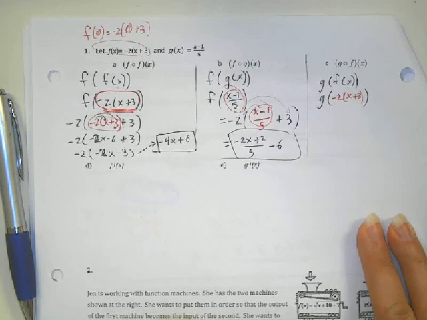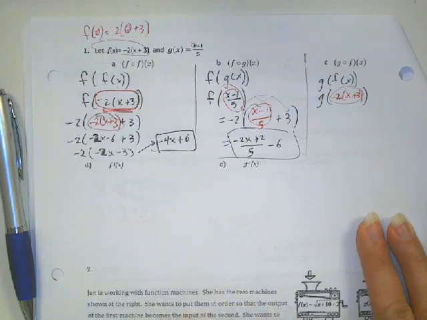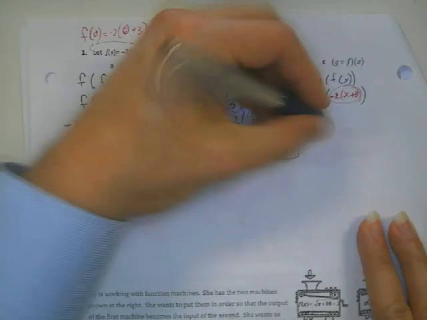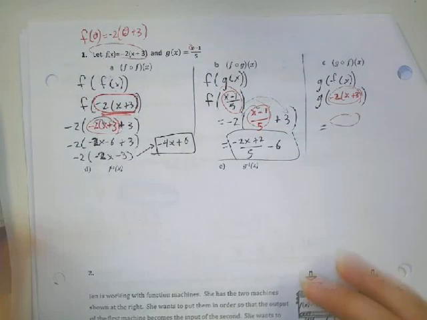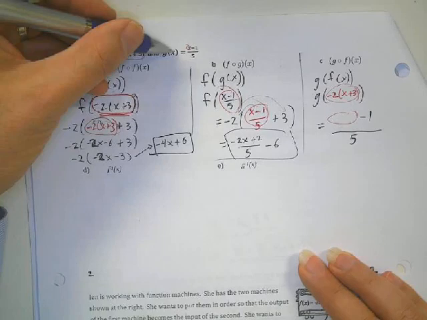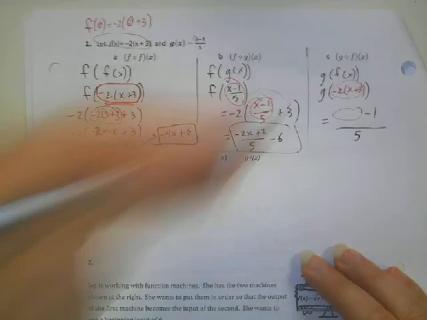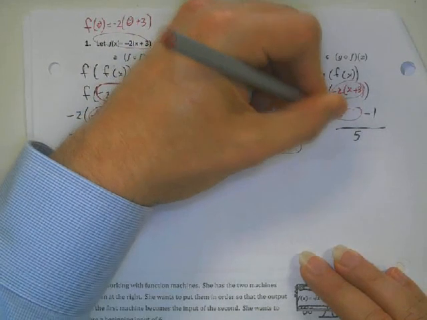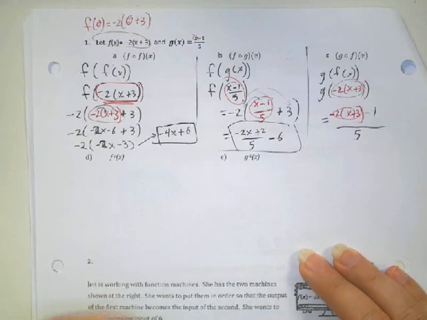And now I'm going to replace this red circle stuff right there. So I'm going to have this is equal to the red circle stuff minus 1 over 5 using this function. Red circle minus 1 over 5. What is the red circle? Negative 2 parentheses x plus 3. Okay.